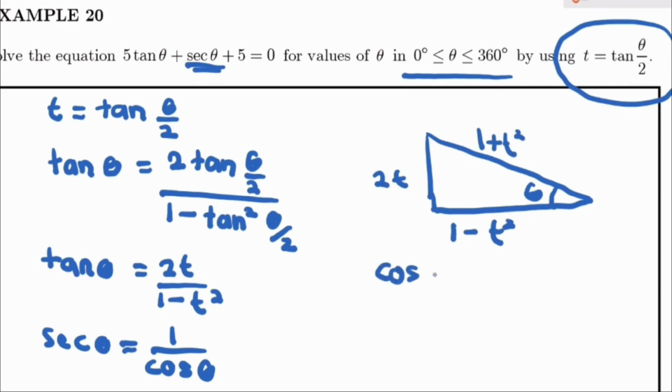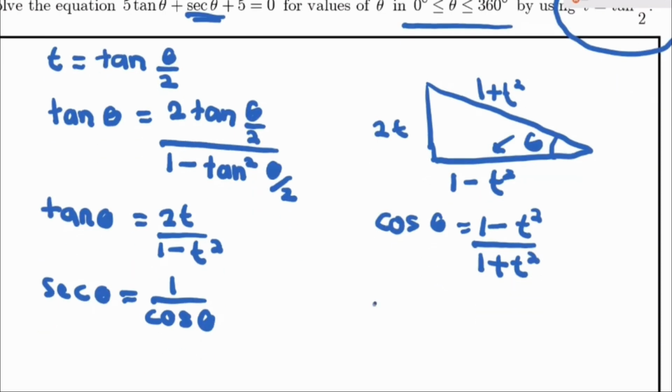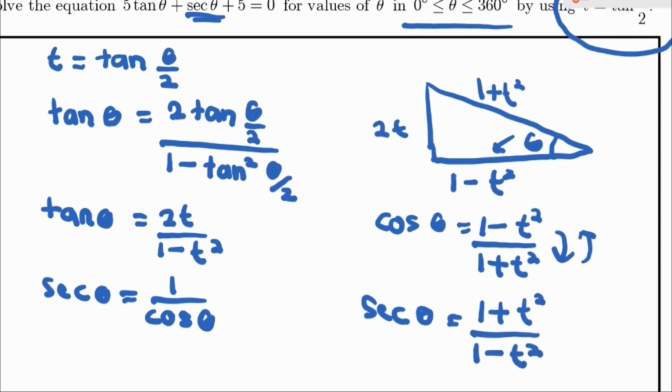So cos theta equals adjacent over hypotenuse, 1 minus t square over 1 plus t square. So to get the secant theta, we swap denominator and numerator: 1 plus t square over 1 minus t square.